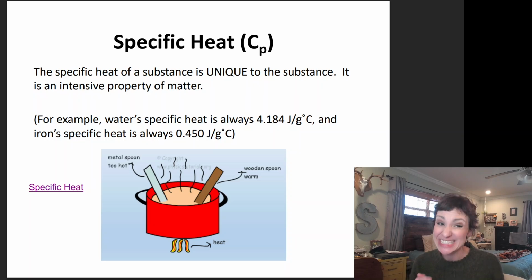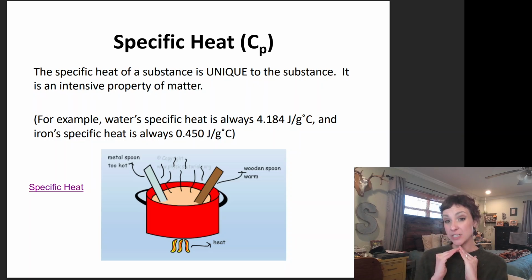It is an intensive property of matter, meaning it does not matter how much or how little of something I have. It just means whatever that sample is, that is what specific heat is representing. So water has 4.184 joules per gram degrees Celsius as its specific heat. Iron specific heat is always 0.450 joules per gram degrees Celsius.